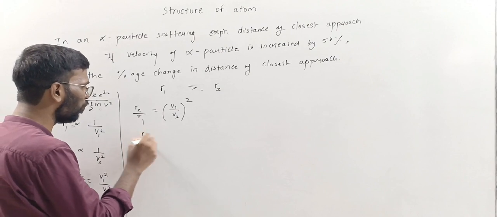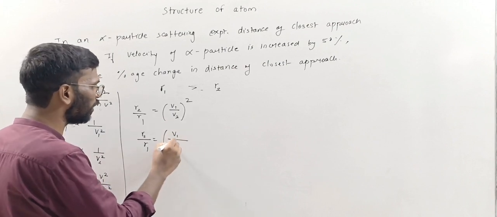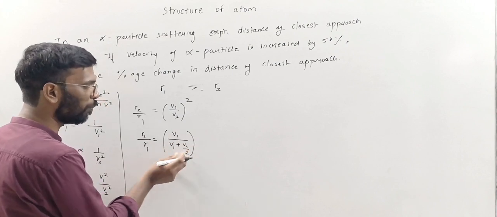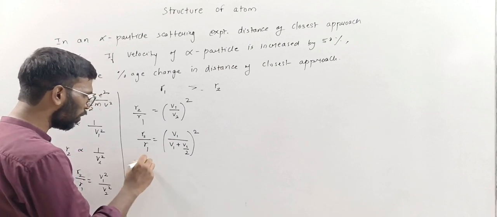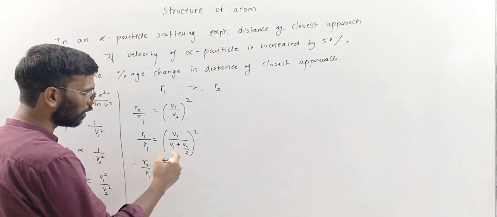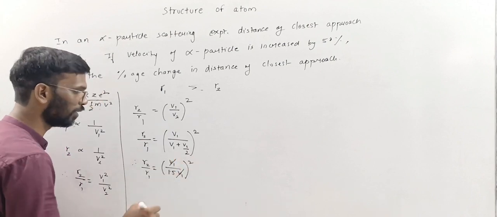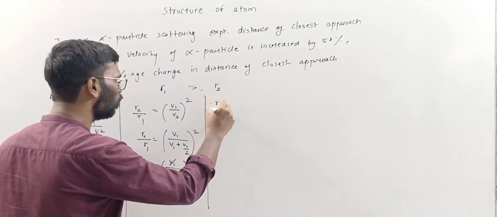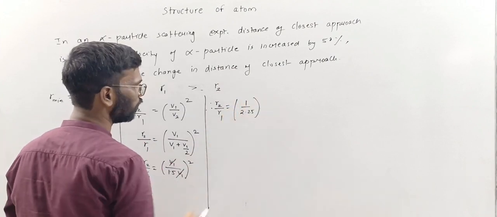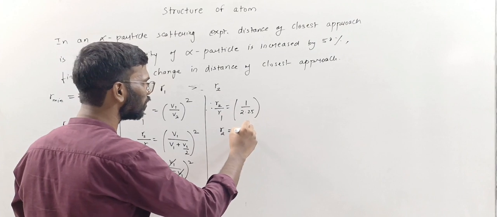So the new velocity is v1 plus v1 by 2, that is, 1.5 times v1, the whole squared. So r2 by r1 is v1 upon 1.5 v1, whole squared. The v1 terms cancel, so r2 by r1 will be 1 upon 1.5 squared, which is 1 upon 2.25. Therefore the new radius is r1 by 2.25.